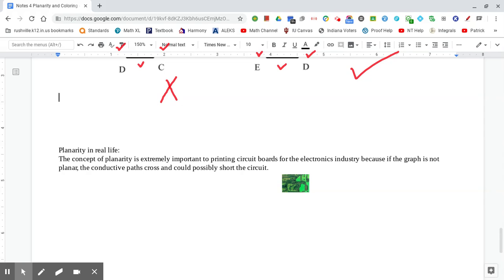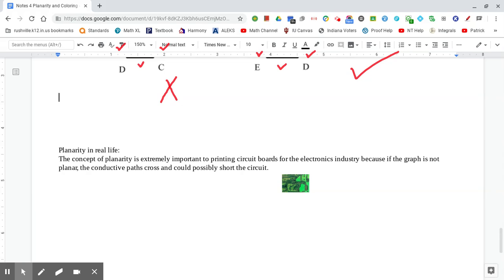All right, one more thing to consider before I leave you on this video is planarity in real life. I've had the privilege, maybe, I don't know if that's the right word, of working with some electricity, doing some home remodeling. If you become an electrical engineer, or if you know anybody that is an electrician, planarity is an important concept in real life because you do not want to get your wires crossed.